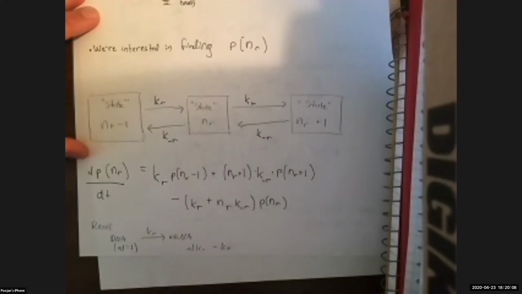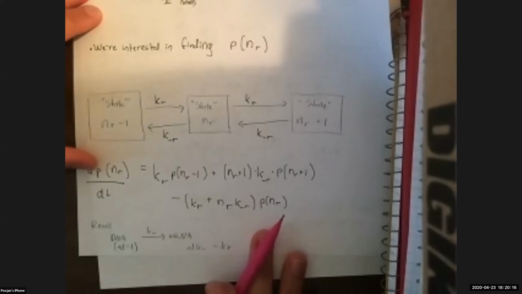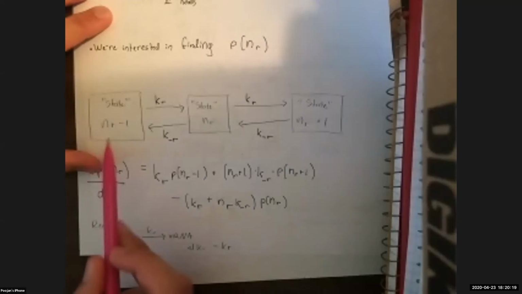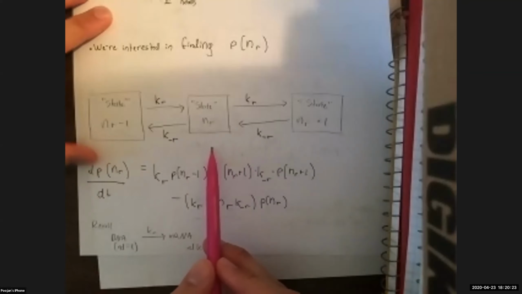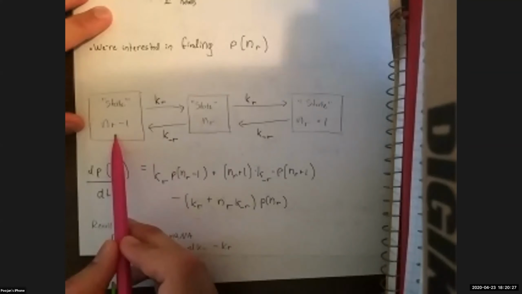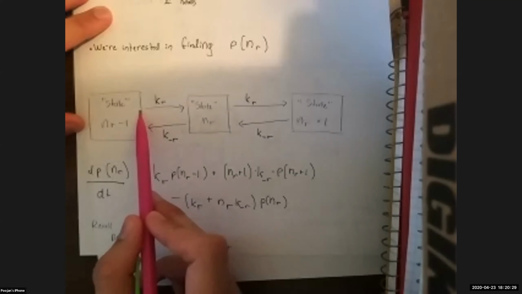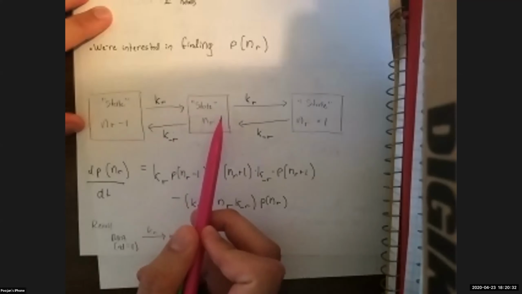So for instance, here, the two processes that are important are mRNA getting transcribed from DNA and mRNA getting degraded. Naturally, the two states we'd be interested in are the state where you have one below the number of mRNA molecules. So if NR were, say, 10, then this would correspond to having 9 mRNA molecules. So with this rate KR, you can reach 10.